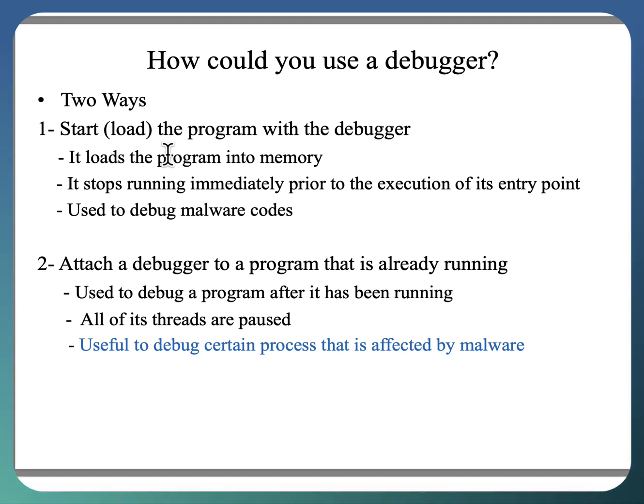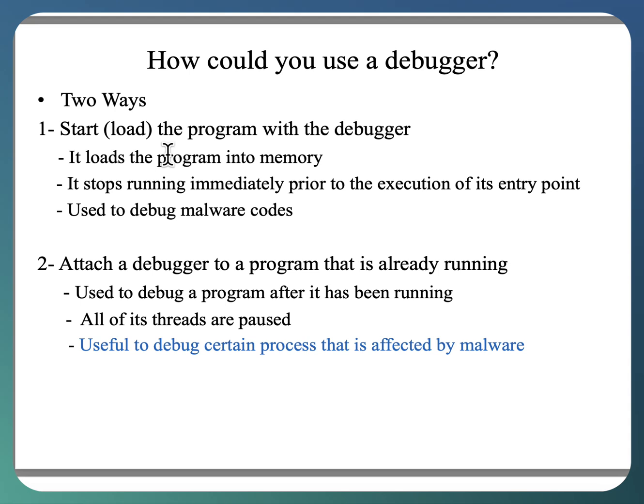We are going to use a debugger to launch the application that we want to observe, debug, and analyze. Now, imagine a situation where you have an application, and this application invokes another application.